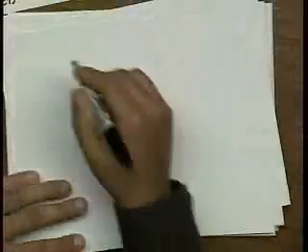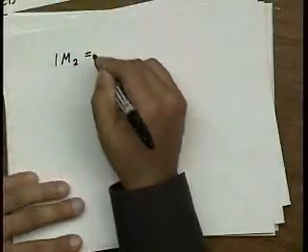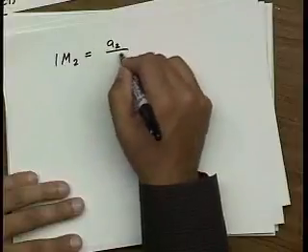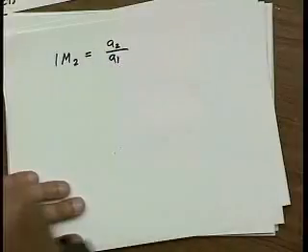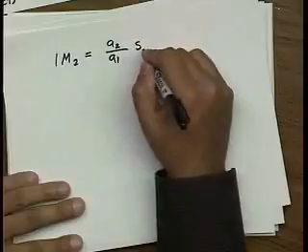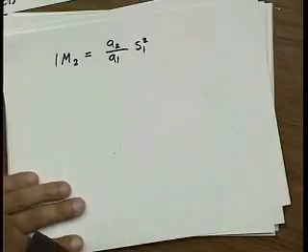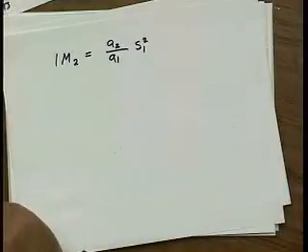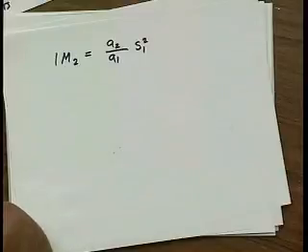Well, we have an equation for IM2. So last lecture, we found that the IM2, can you guys help me if you have the lecture notes? Is it A2 over A1 times S input squared? Okay, I have it here.